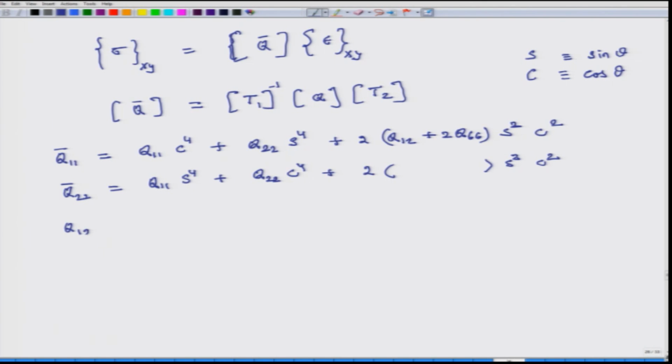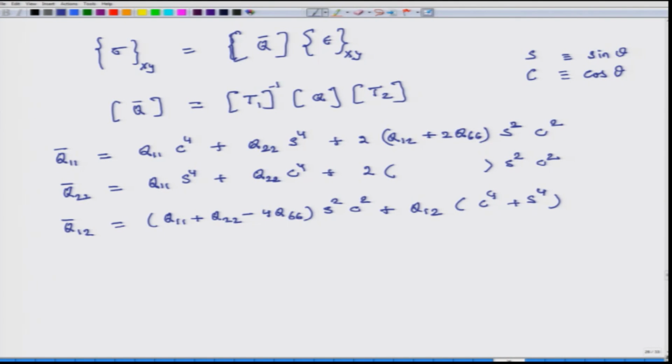And Q12 bar is equal to (Q11 plus Q22 minus 4 Q66) times sin square theta cosine square theta plus Q12 times (cosine 4 theta plus sin 4 theta).